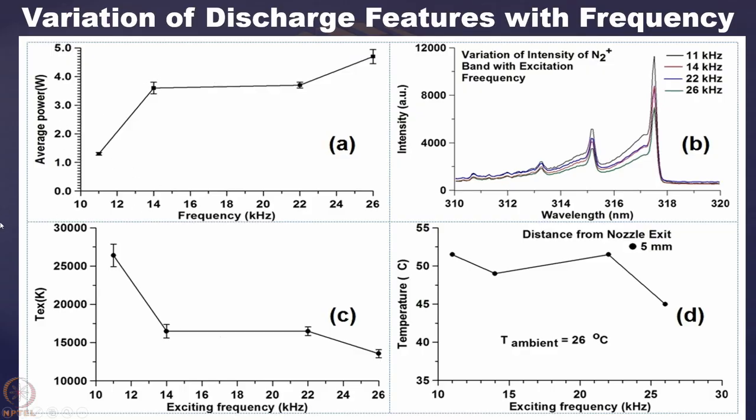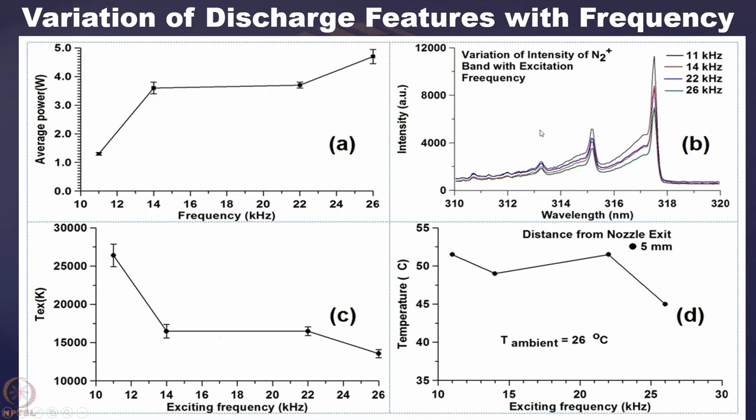Now the electron temperature here we have measured spectroscopically, and you see that the electron temperature is of the order of say 25,000 kelvin, so that is easily 2 eV, and it is lowering as you increase the excitation frequency. So that is just falling down like this. Okay.